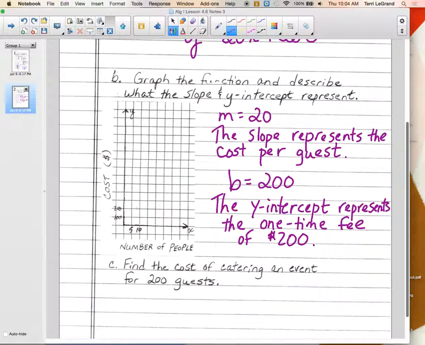So to start with, right up front, before you even tell them how many guests you're going to have, they're going to charge you $200. When x is equal to 0, y is equal to 200.